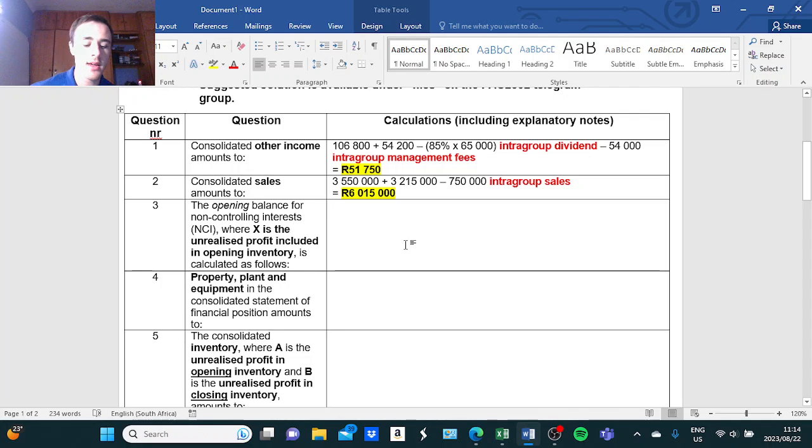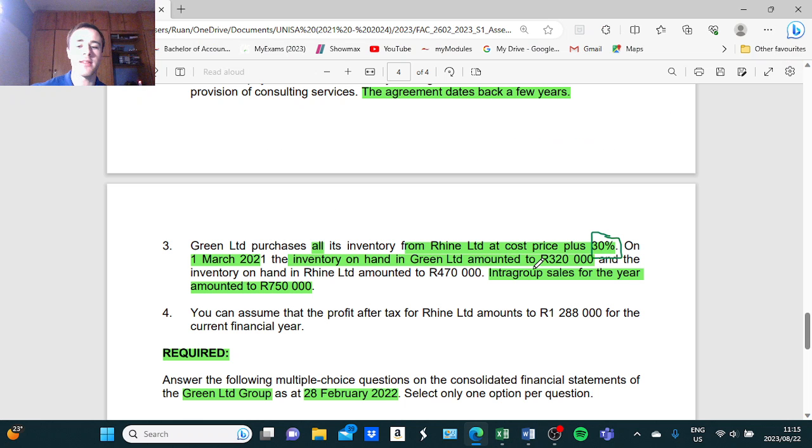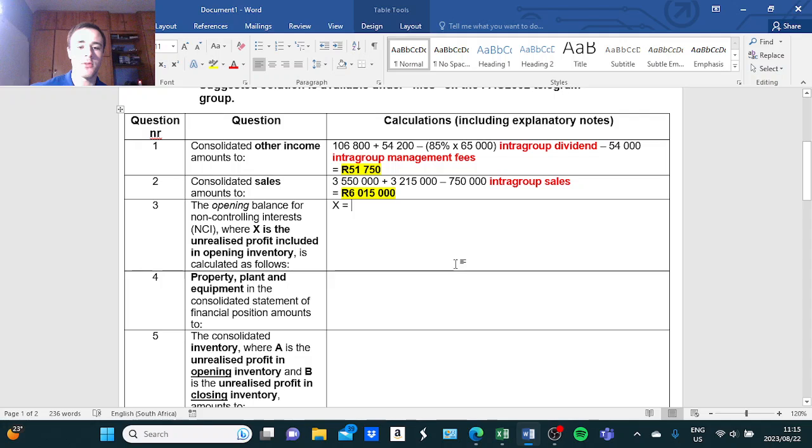So X can be calculated as follows. In opening inventory, we will take the inventory for Green Limited, which we have determined to include unrealized profit. That was 320,000, the opening inventory for that company. To calculate the unrealized profit, we will multiply this by 30 over 130.